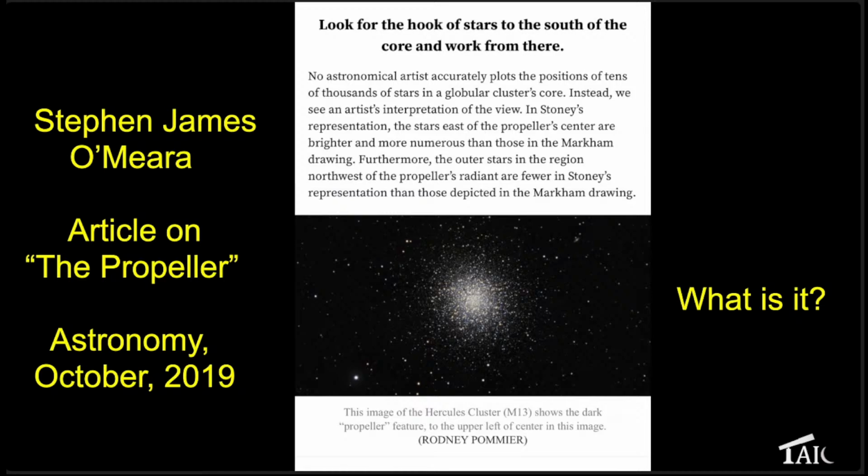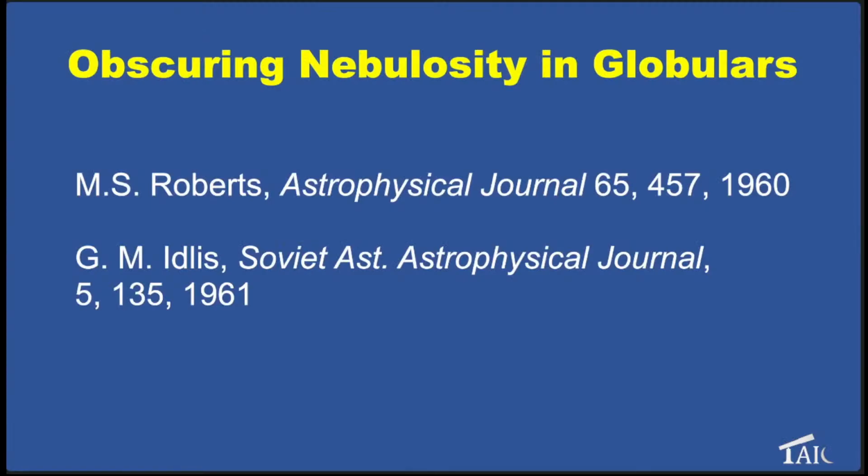However, regardless of that debate, the fact that there is actually obscuring nebulosity in globular star clusters has been known for many decades. These are 2 of the classic papers that describe this dark obscuring nebulosity in globular star clusters. And you can actually photograph these things in a lot of different globular star clusters.